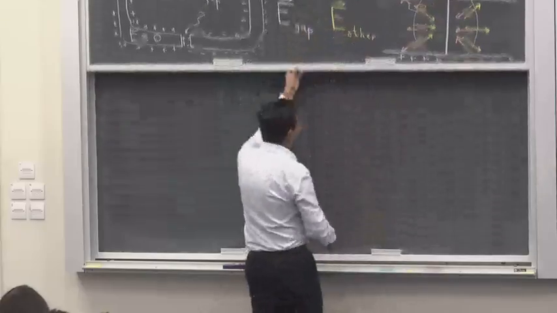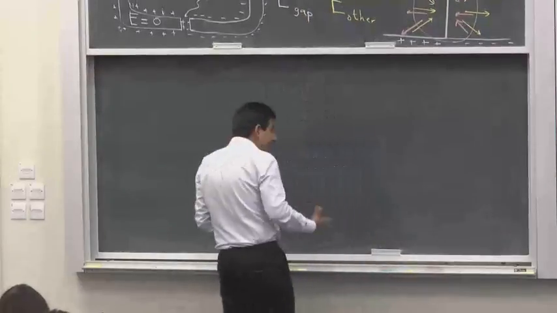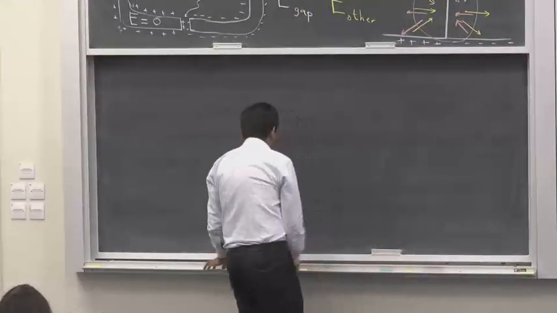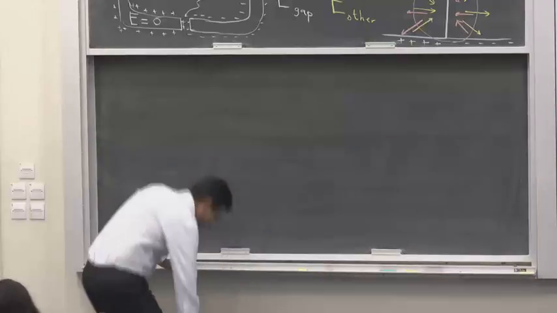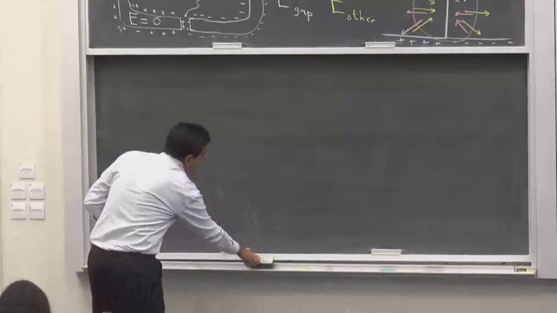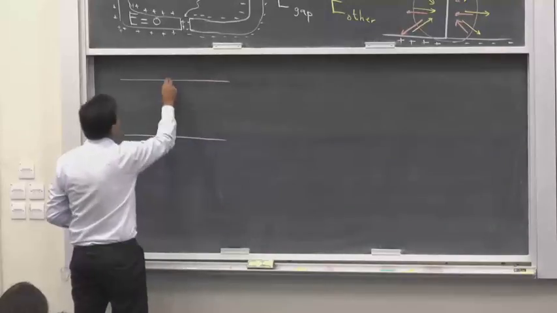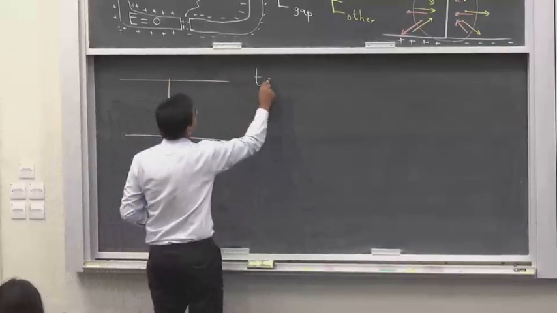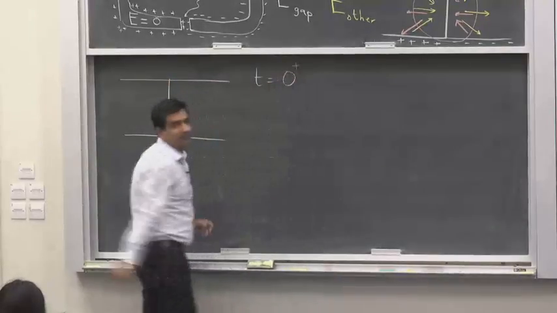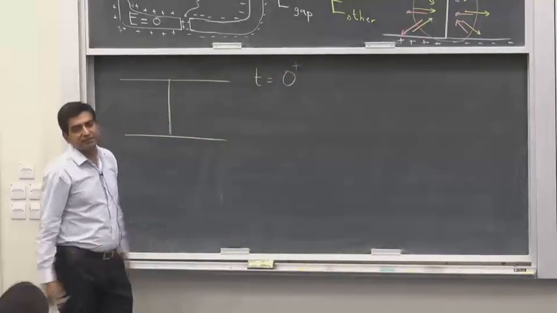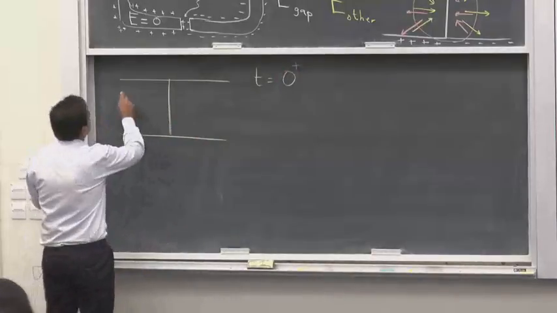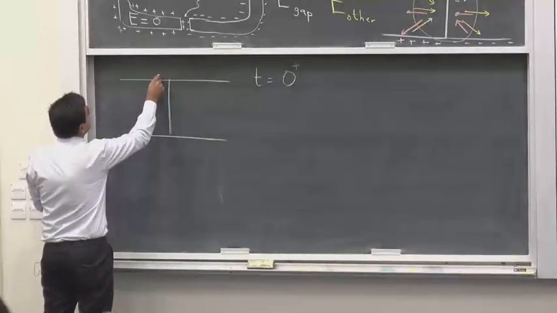So what's going to happen then is that at some instant after this gap has been closed, so at some instant afterwards, t equals 0 plus, this positive charge gets dilute.